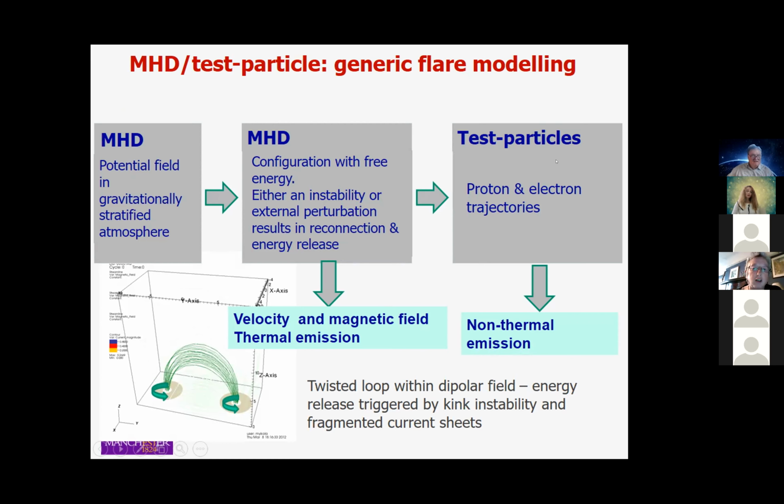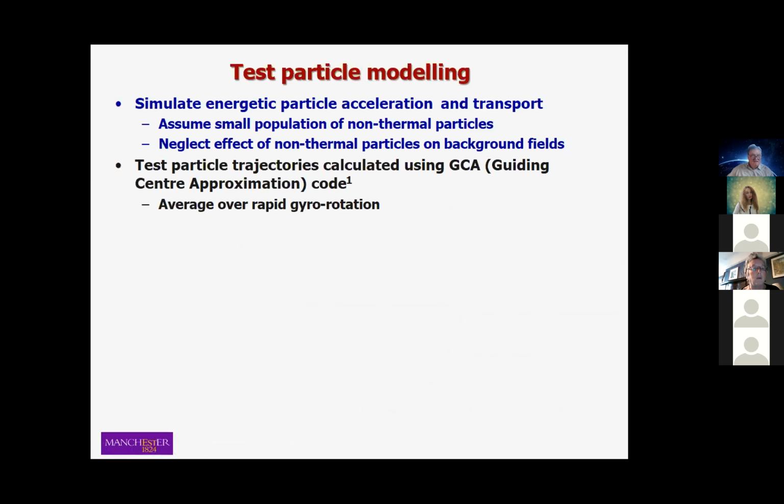But we then add test particles, in principle protons and electrons. But in terms of the emission, the main thing is the electrons are giving non-thermal emission, which we can also predict. So it's this combination of MHD, test particles and forward modeling that gives us quite a powerful picture.